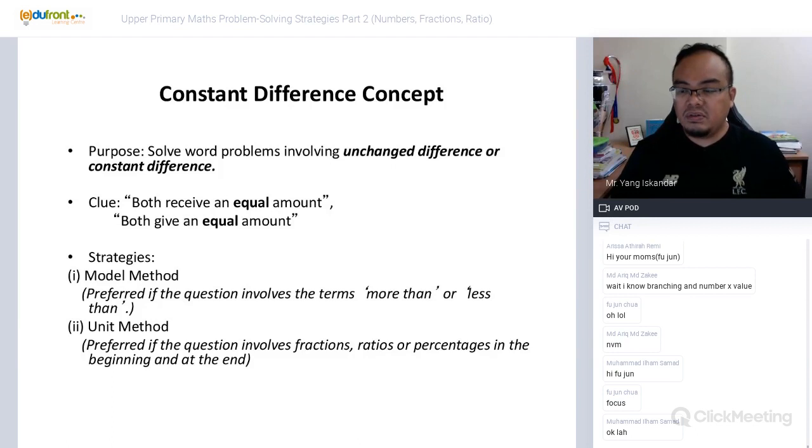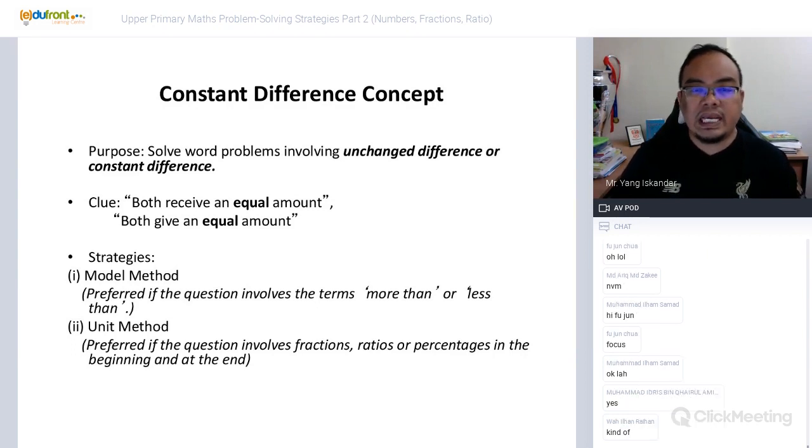Those of you in my maths class may have done questions involving age recently. Some of the key terms that tell you to use this strategy are unchanged difference, constant difference, and clues such as both receive an equal amount, both give an equal amount, or any questions involving age.